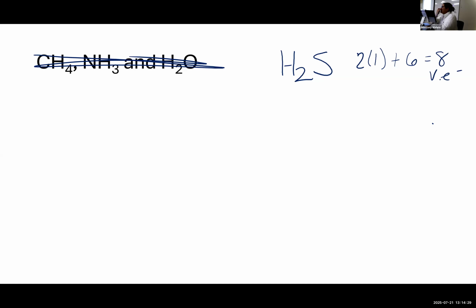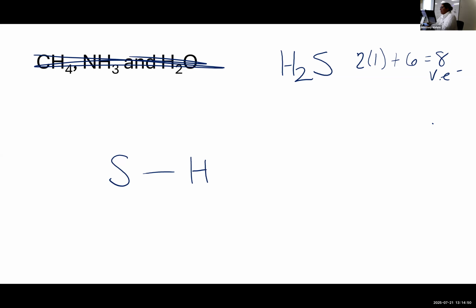So this one, what is our central atom? I know I didn't write it the nicest. What is a central atom? Yes, it cannot be hydrogen, so it has to be sulfur, because hydrogen can only max out at 2 electrons.